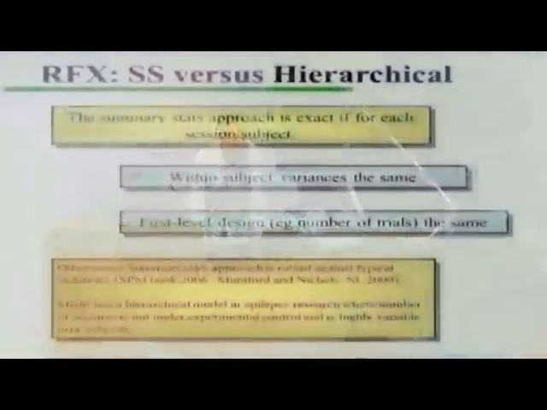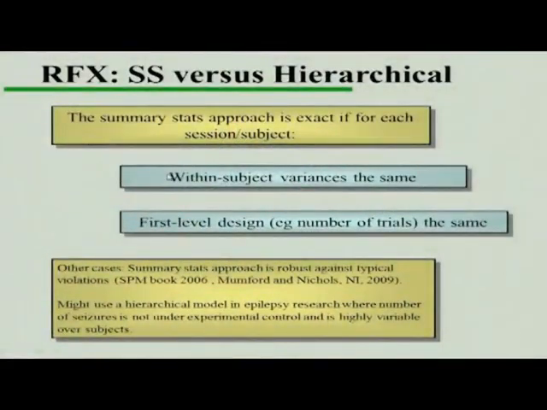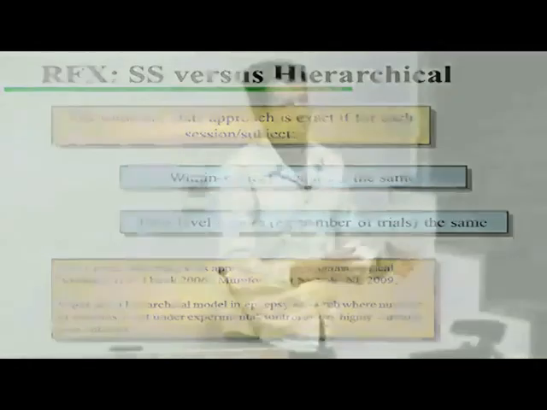So one can show mathematically, if you look in, for example, a chapter in the SPM book, that on average, let's say you were doing 20 experiments, you do the same experiment 20 times.